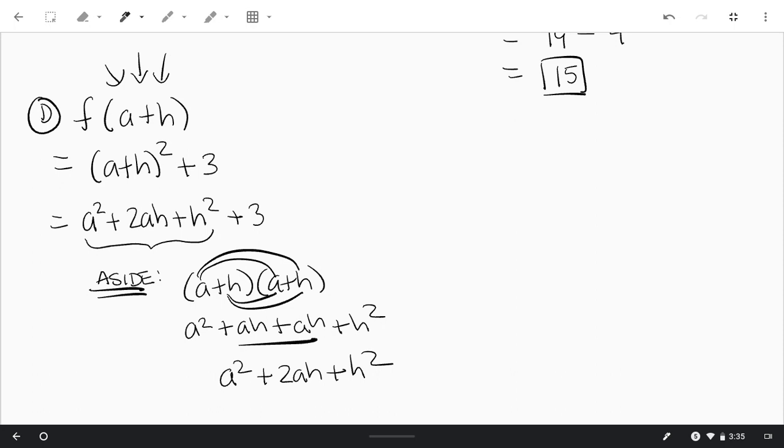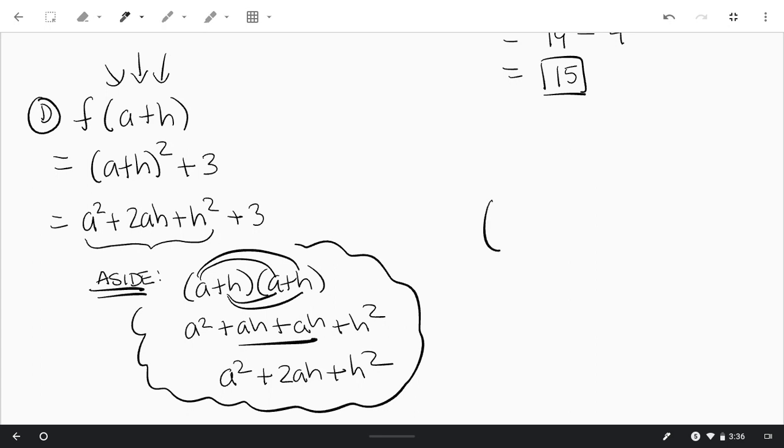Okay, but you really should know the shortcut to multiplying out a binomial. Whenever you have this squared, it's going to be whatever that first term is. Okay, I'm going to make this symbol instead.